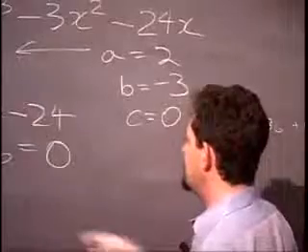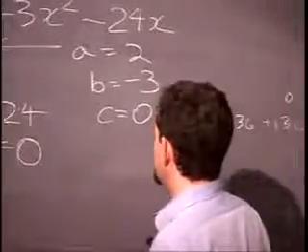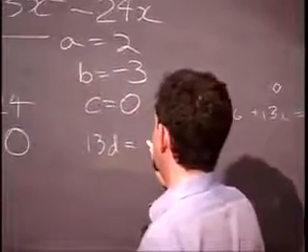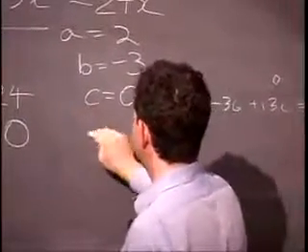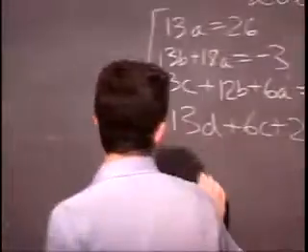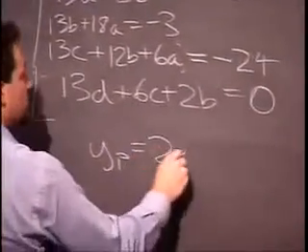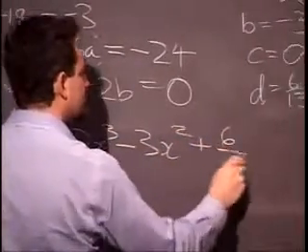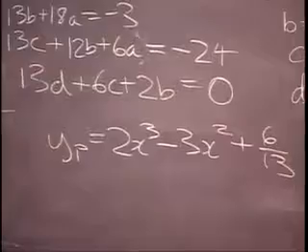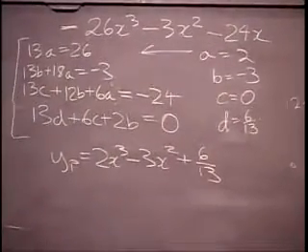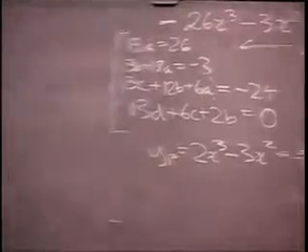And in here, 13d equals 6, so d is 6/13. So if I'm not mistaken, yp is 2x cubed minus 3x squared plus 6/13. And I intend to check this, because working stuff out on the board in a hurry is never very reliable. Yes, that seems to be what I got.